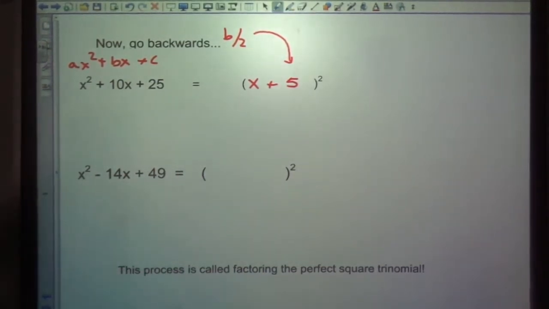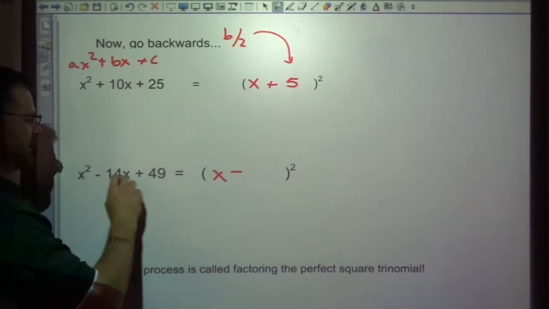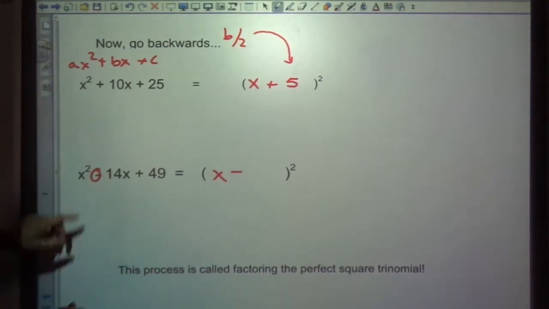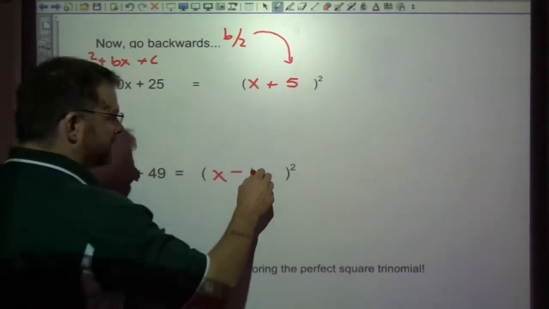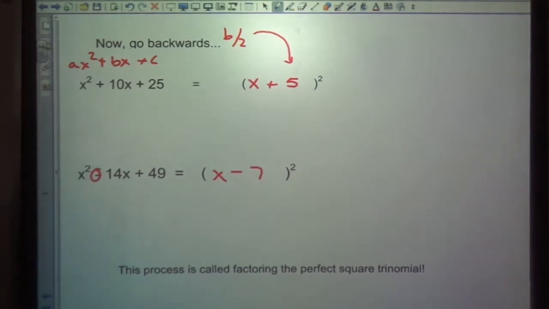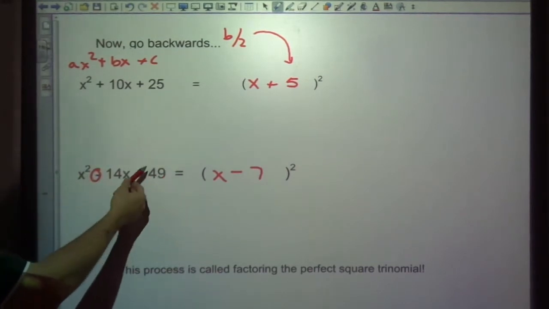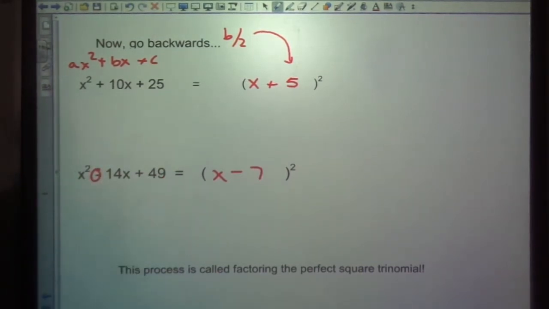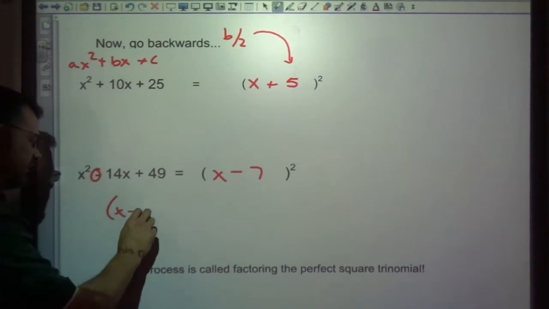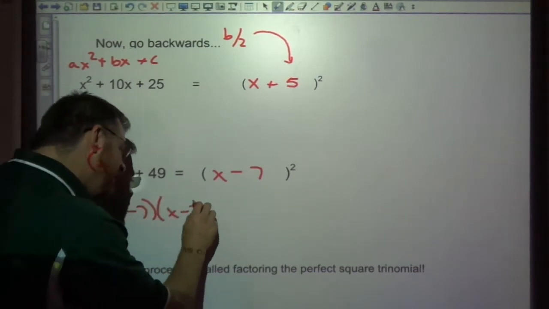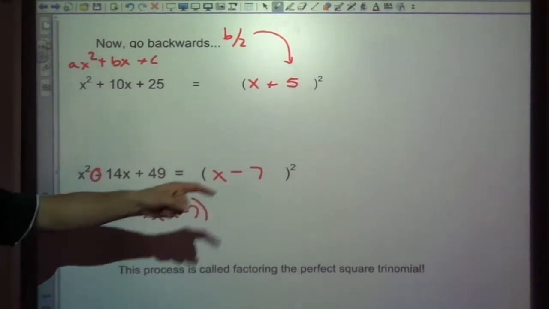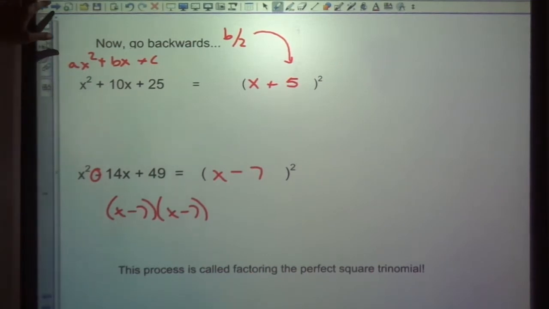This one, x minus, because it's negative here, half of this, and square root of that is 7. This process is called factoring the perfect square trinomial. Because again, we're thinking, what multiplies to be 49 and adds up to be negative 14? Negative 7 and negative 7. So we know this is our factored form, which we can write as (x − 7) squared.